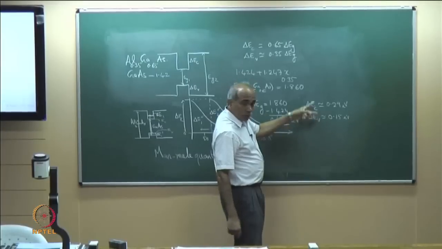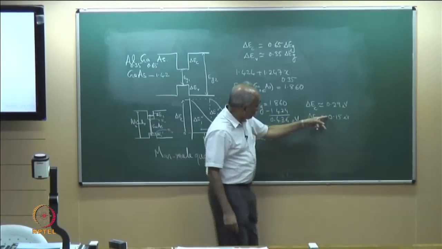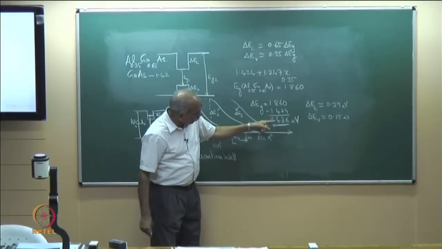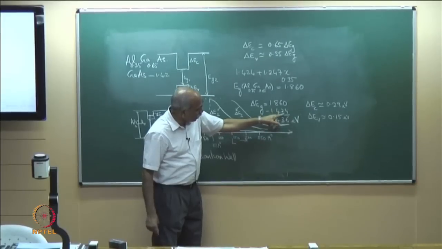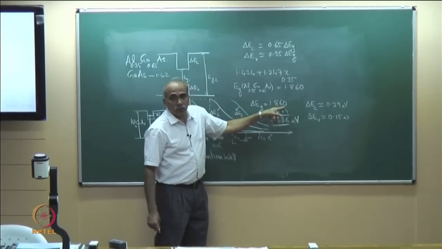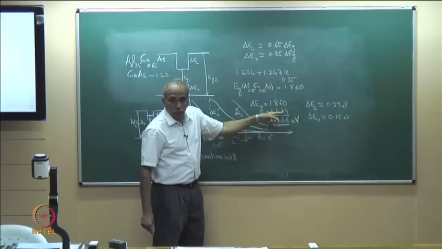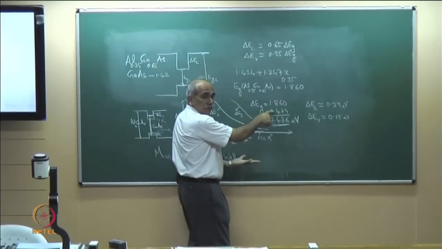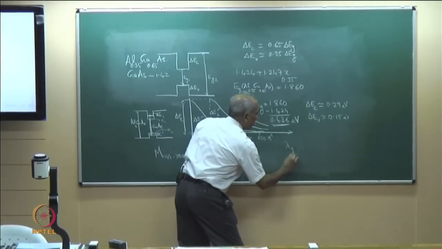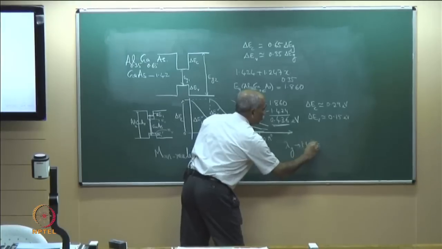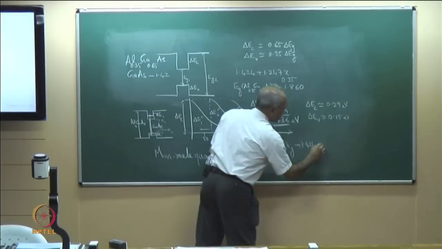Therefore, the total effective band gap can vary from 1.424 up to 1.860, the maximum variation possible. You can calculate the wavelength of emission, that is lambda g corresponding to 1.424. You can check what the number is.